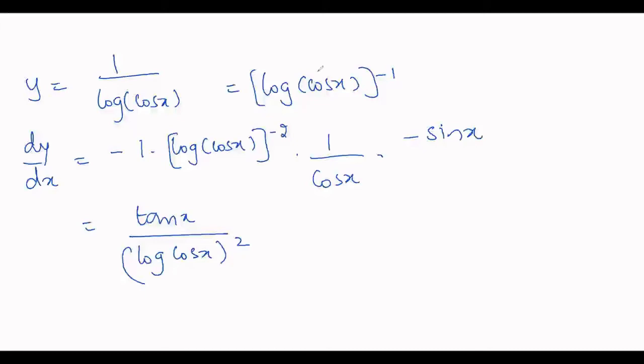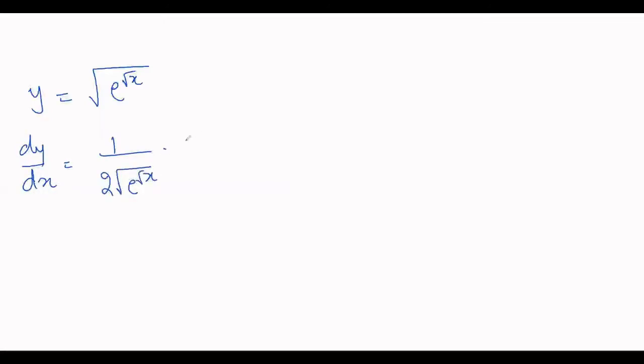Clear this? y is equal to square root of e power root x. So dy by dx is equal to differential of root x is 1 by 2 root x. 1 by 2 root e power root x into differential of e power root x is e power root x into differential of root x is 1 by 2 root x. So I can write the final answer in this form. e power root x divided by 4 root x into square root of e power root x.